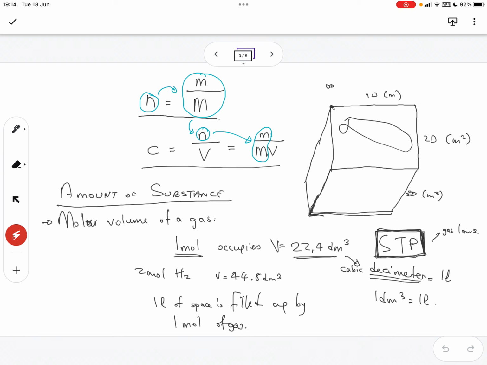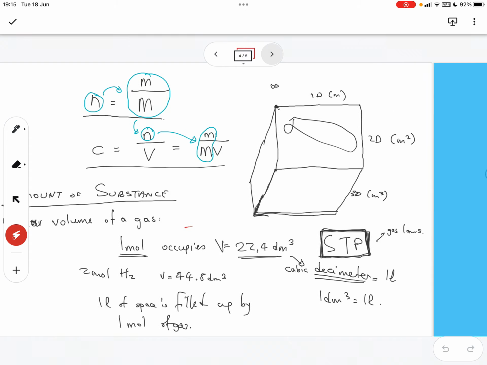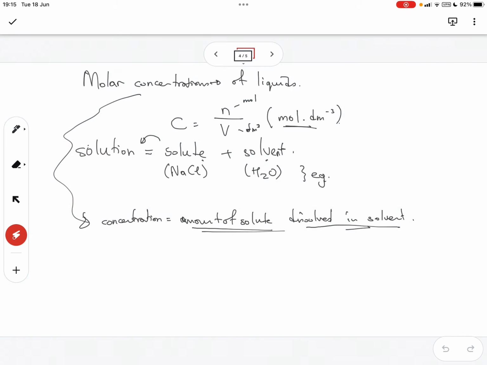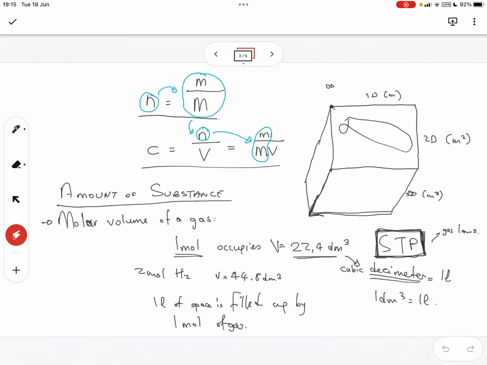Then we moved to a different type of discussion, which speaks about the amount of substance, but primarily in a gas. And then later on, when you joined the discussion, Nobuhle, it was with molar concentrations of liquids. So we'll start off with molar volumes of gas.